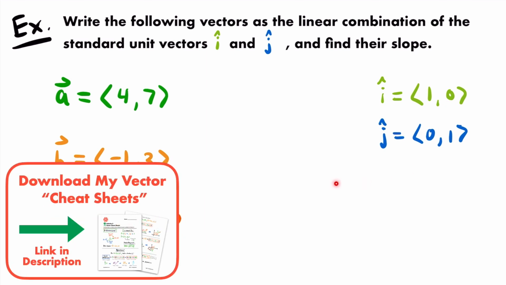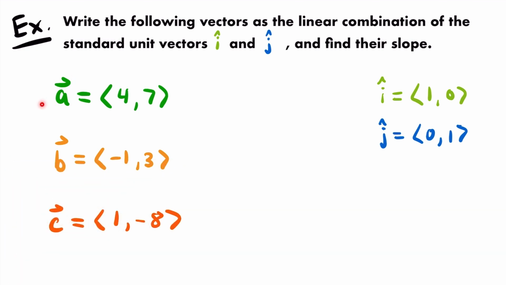Okay, so if we do that for our first vector, vector A, we can rewrite this vector using these standard unit vectors. Here's what that looks like. Vector A is going to be equal to its x component of 4, so I'll write down 4, multiplied by the standard unit vector in the x direction, which is i. And remember that when you write your unit vectors, you want to use this little hat notation instead of the standard vector notation.